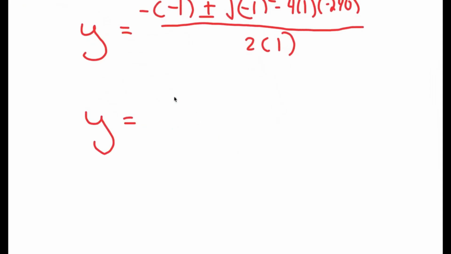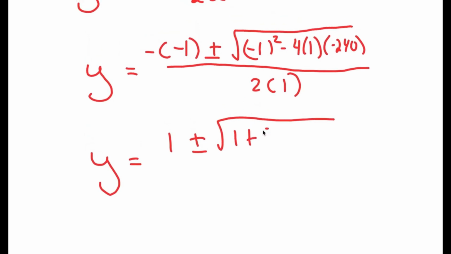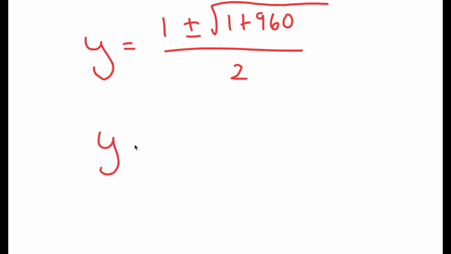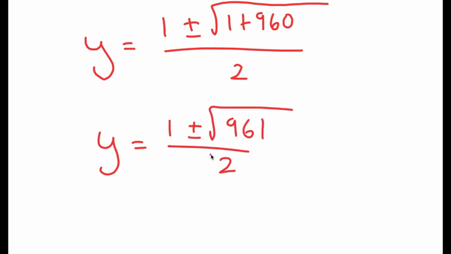And this simplifies to 1 plus or minus the square root of 1 plus 960 over 2. And this turns into y is equal to 1 plus or minus the square root of 961 over 2.